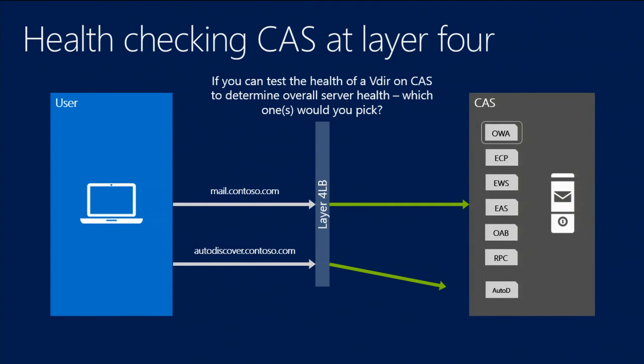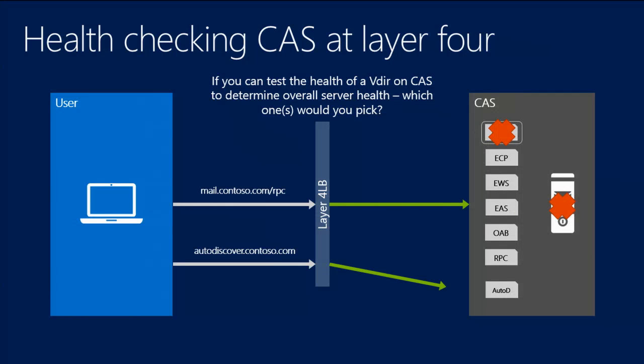I'm going to see if the OWA FBA page comes up every 20 seconds, 30 seconds, a minute, take your pick. And if the OWA app pool goes down, I'm going to mark the server as down. Well, that was a ballsy move, because the client wasn't trying to get to OWA at all. He was an Outlook Anywhere client trying to get to RPC. So you have just dropped a CAS out of the pool because OWA was unhealthy, because you didn't actually know what the client was trying to do.